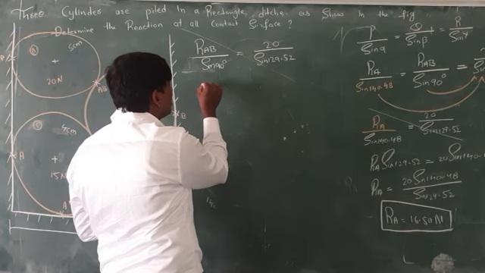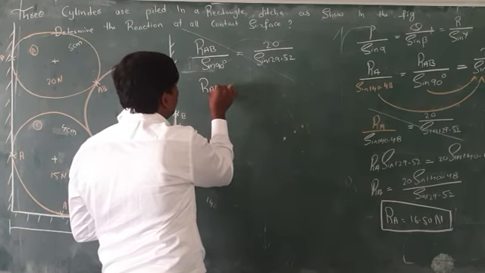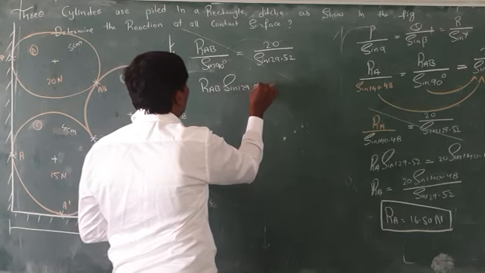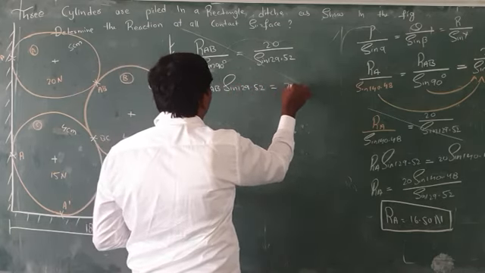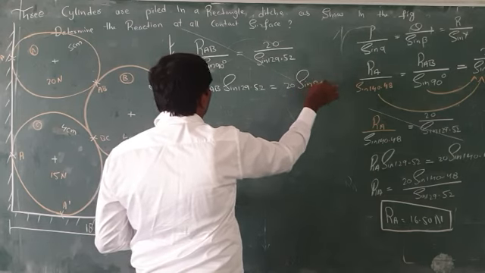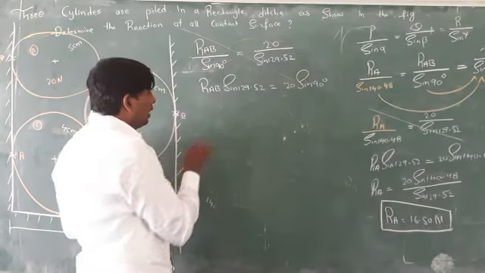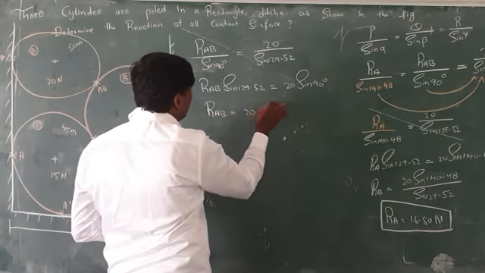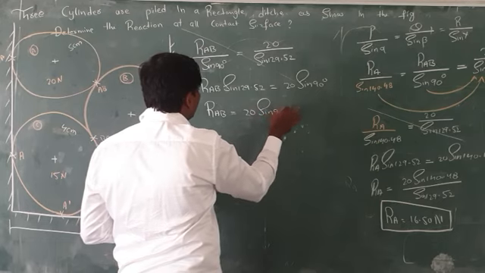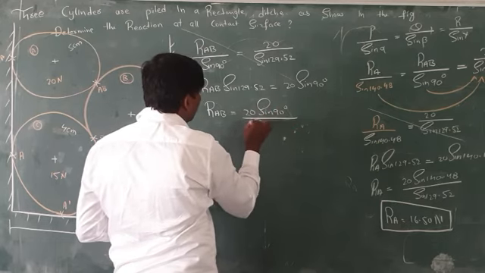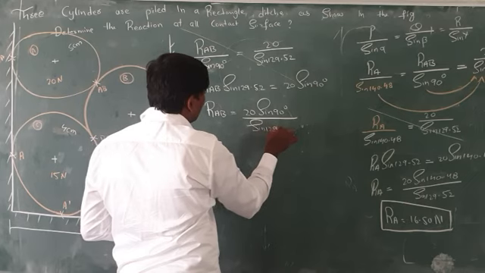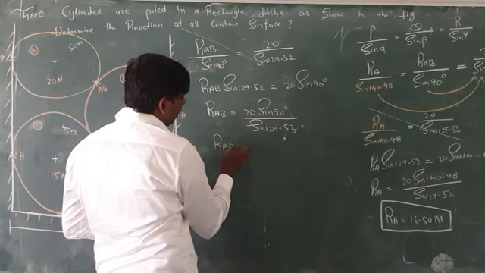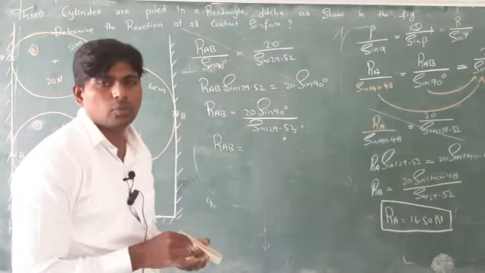For cross multiplication, RAB is equal to 20 sine 90 degree by sine 129.52. So here RAB is equal to, again you have to solve with the help of calculator.